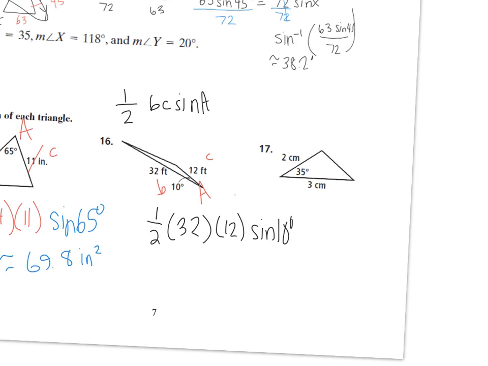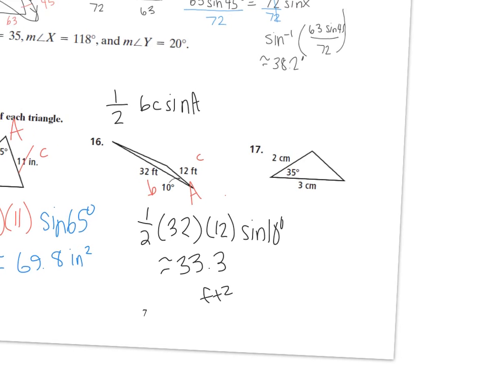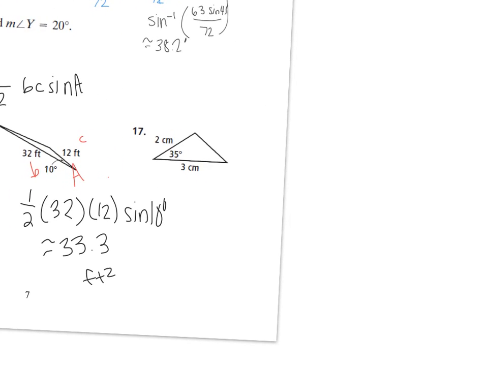Put that in your calculator, and it's about 33.3 feet squared. And then number 17 is 1/2. The B and the C are 2 and 3, and it's sine of 35 degrees. So I put that in my calculator, and it's about 1.7 centimeters squared.